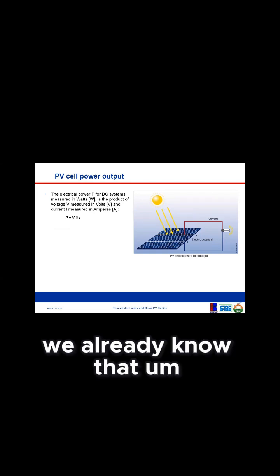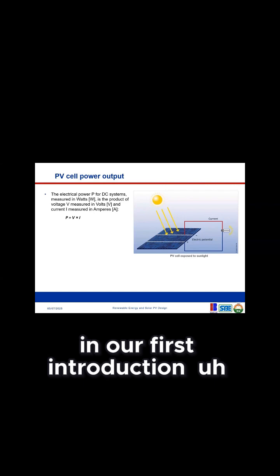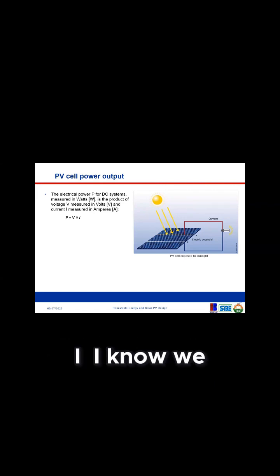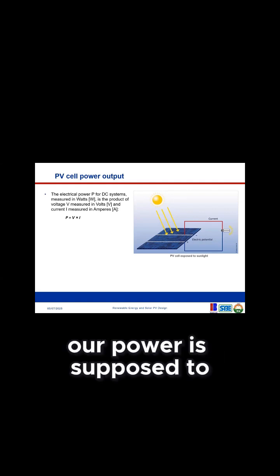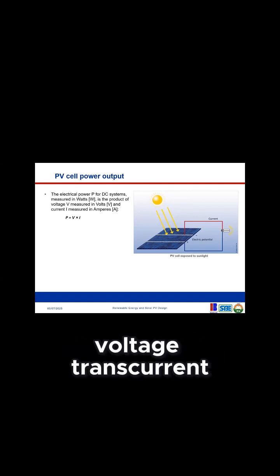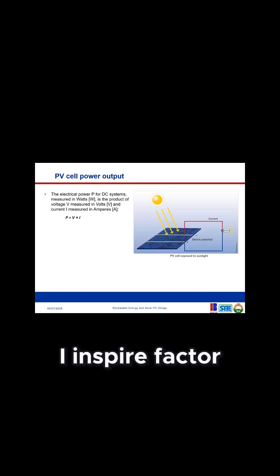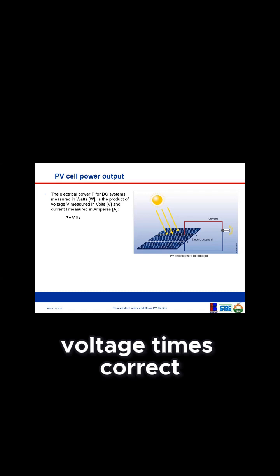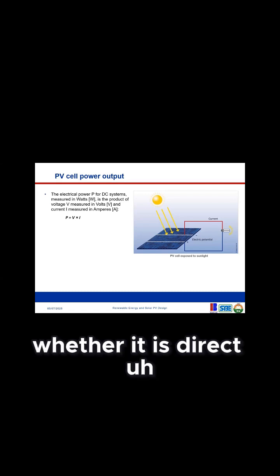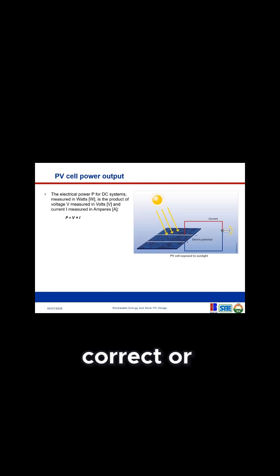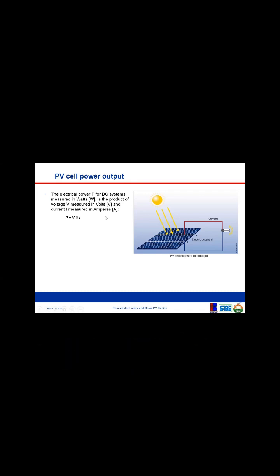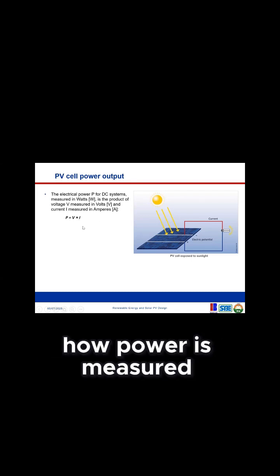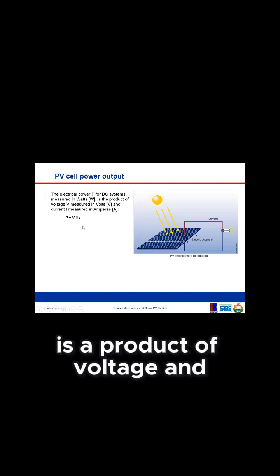We already know from our first introduction that we talked about power, and we learned this formula where we said that power is equal to voltage times current, and of course times power factor if you're now considering the load. So power is equal to voltage times current, whether it is direct current or alternating current, it's the same, right? That's how power is measured. The power is a product of voltage and current.